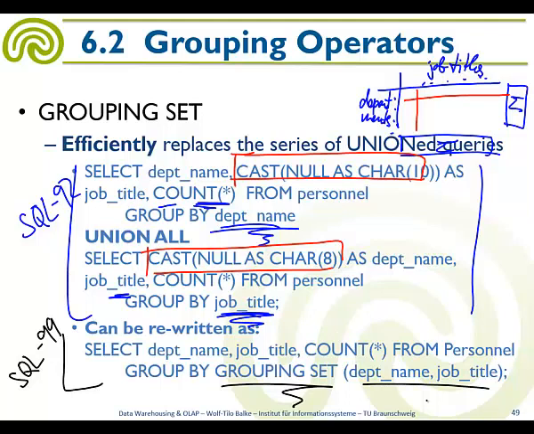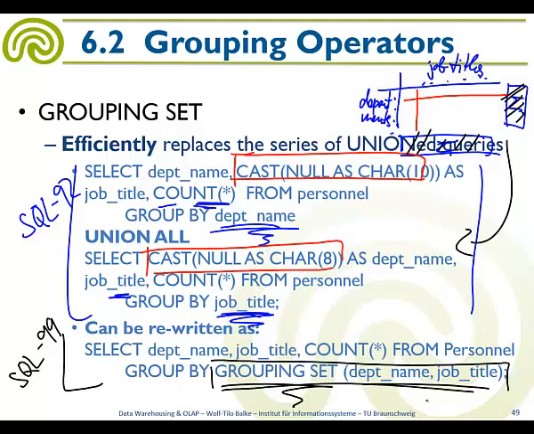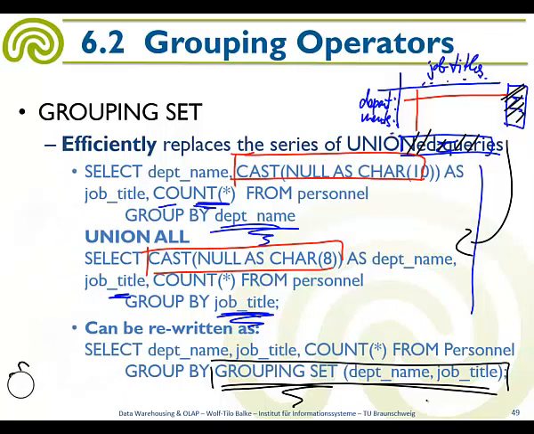So the union between this area and this area, as given by this query, can be expressed in SQL 99 by a grouping set. And grouping set means that it's grouped by department name and job title, and for both the aggregations are computed individually. Okay.